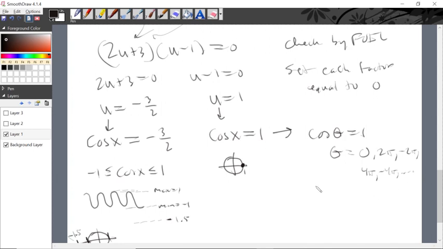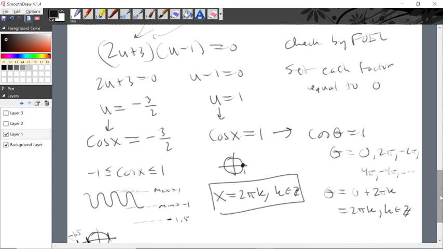If we combine all those into one set of solutions, that would be where theta is equal to an initial solution like 0 plus integer multiples of the full period, so 2 pi k. Or in other words, just 2 pi times k, because 0 plus anything is just the anything. So 2 pi k, where k is an element of the set of integers. Our equation was solving for x, so we have x is equal to 2 pi k, where k is an element of the set of integers.